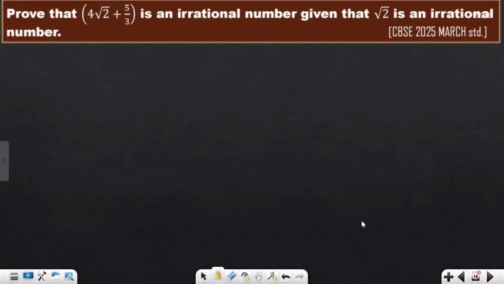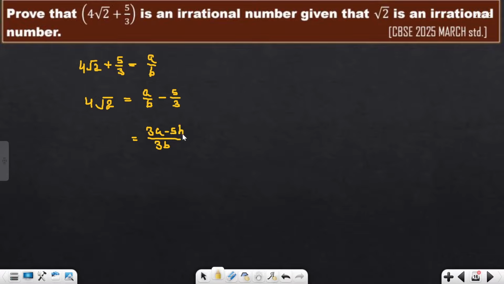How can you solve this question? Similarly, type 2 question, but how do you isolate root 2 here? You can write here 4 root 2 plus 5 by 3; we can write a divided by b, right? Let this value be a rational number, a and b are integers. I just tell you how to isolate root 2 here, but all steps are the same. 4 root 2 is equal to a divided by b minus 5 by 3. Now take the LCM, which is 3b: 3a minus 5b.